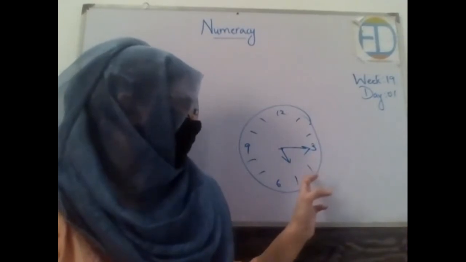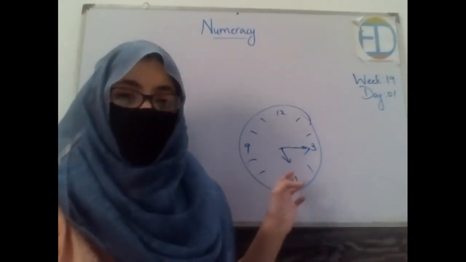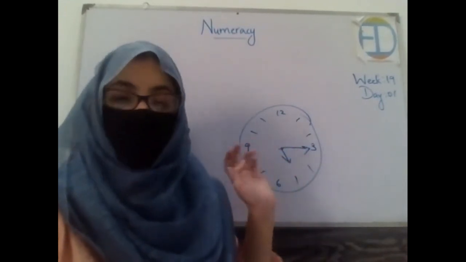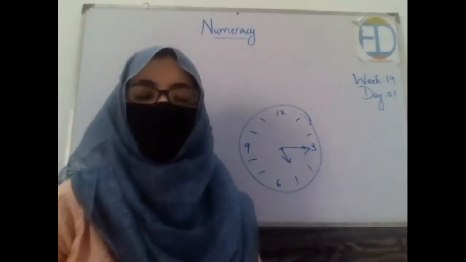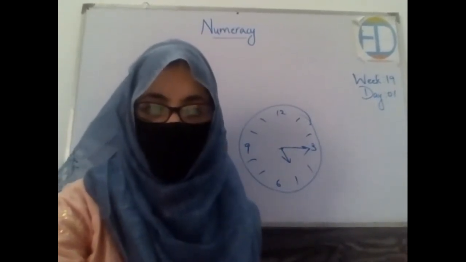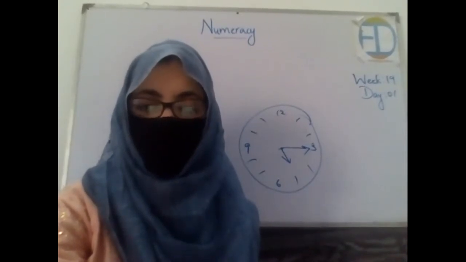Count the digits 3, 4, 5. The hour hand is on 5 and the minute hand is on 3. So what time is it? It's quarter past 5, right? Excellent. Okay. So now I'm going to share the screen with you. We will revise how to read and write time together and then we will do some exercise in the book.